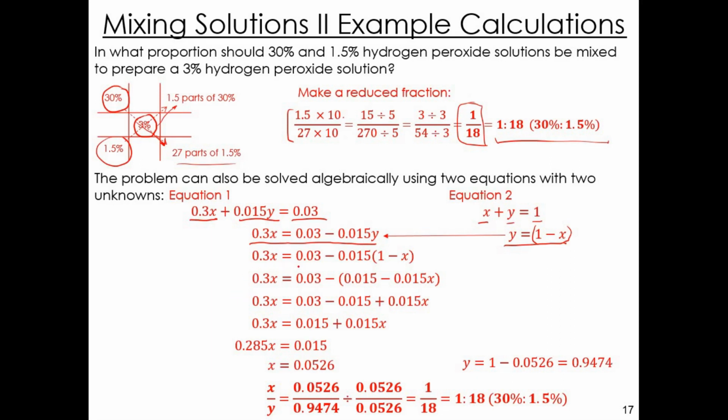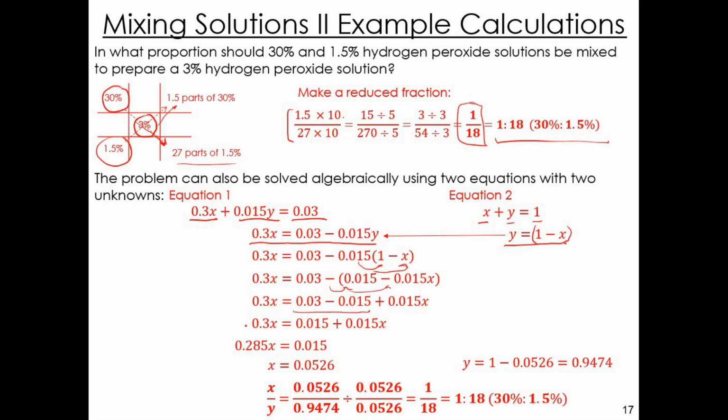So 0.3x equals 0.03 minus 0.015 times (1 minus x). And we can go ahead and multiply 0.015 through. And we can also multiply the negative through. And that gives us this expression.